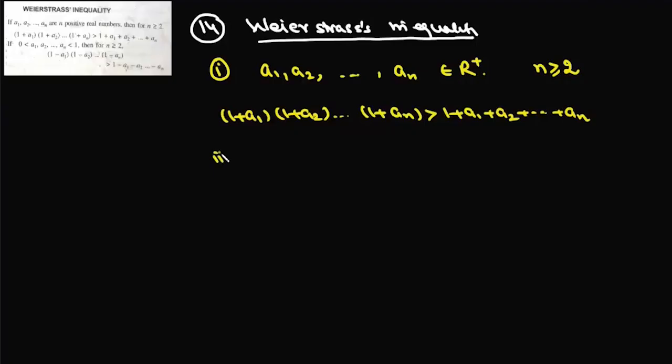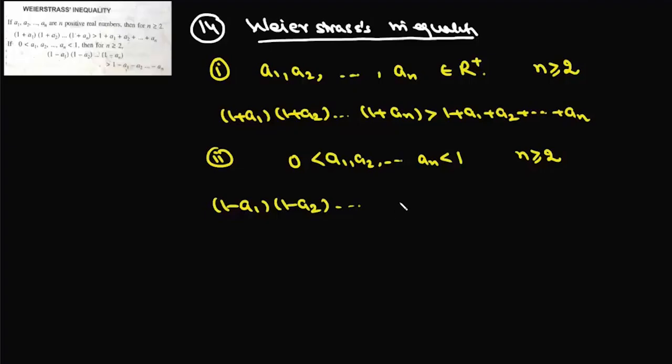And its second form is, if we have n numbers a1, a2, up to an such that they lie between 0 and 1, then for n greater than or equal to 2, we can write (1 minus a1) into (1 minus a2) up to (1 minus an) will be greater than 1 minus a1 minus a2 up to minus an.